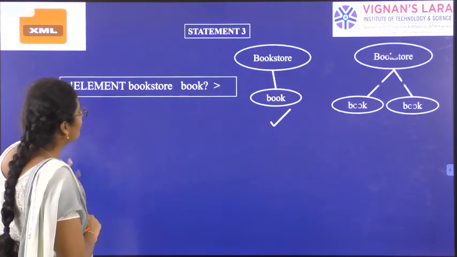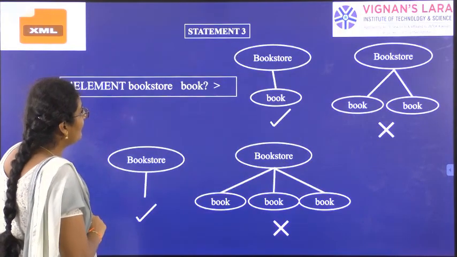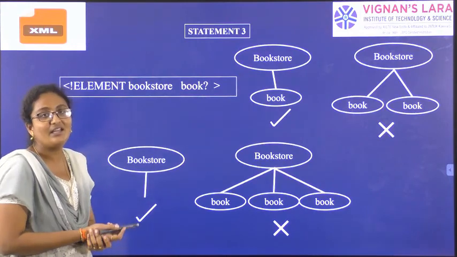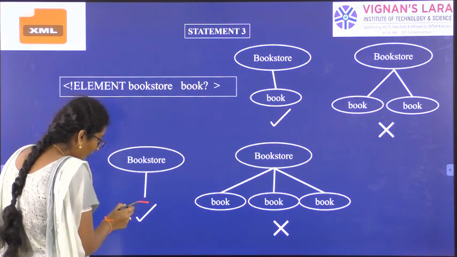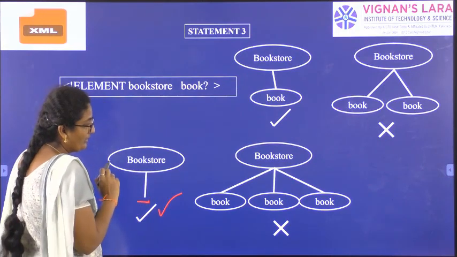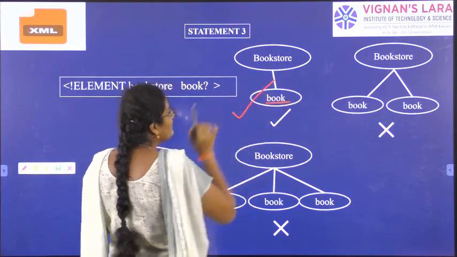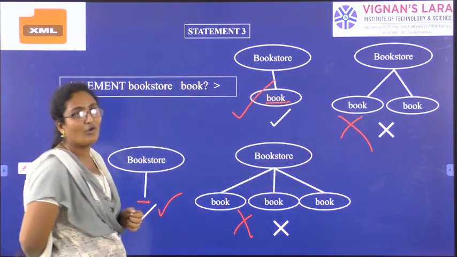Next one, question mark. What is the meaning of question mark? If necessary, the element will appear. Here the element not appearing is also correct. If necessary, it can appear one time, so that is correct. But these two are wrong.